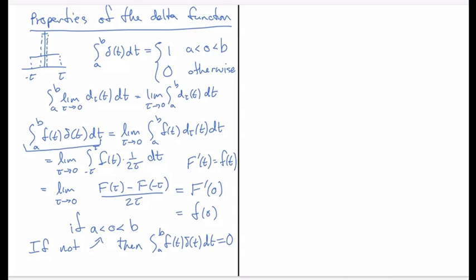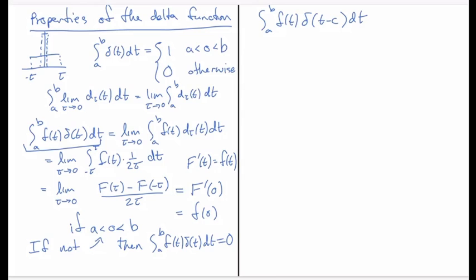Okay, and then one more. If you take the integral from a to b of f of t, and now I'm going to shift the delta function, so I'm going to put in t minus c in the brackets, that gives me my usual spike, but now instead of being at the origin, that's going to be at t equals c.